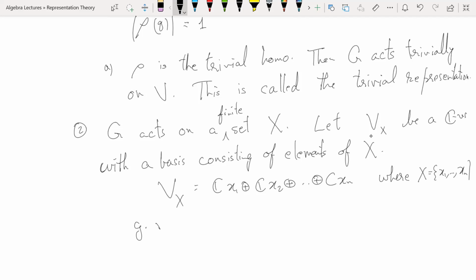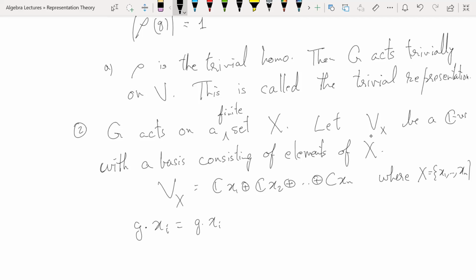Maybe I'll just say what it is. First of all, I'll say where the basis goes. G dot xi should be g dot xi.